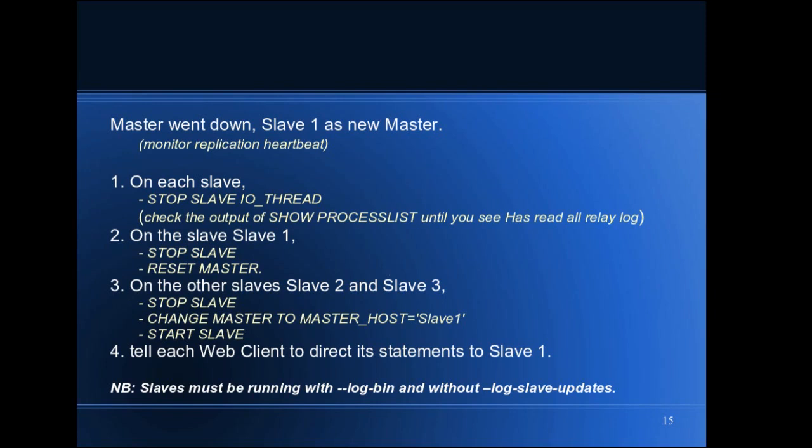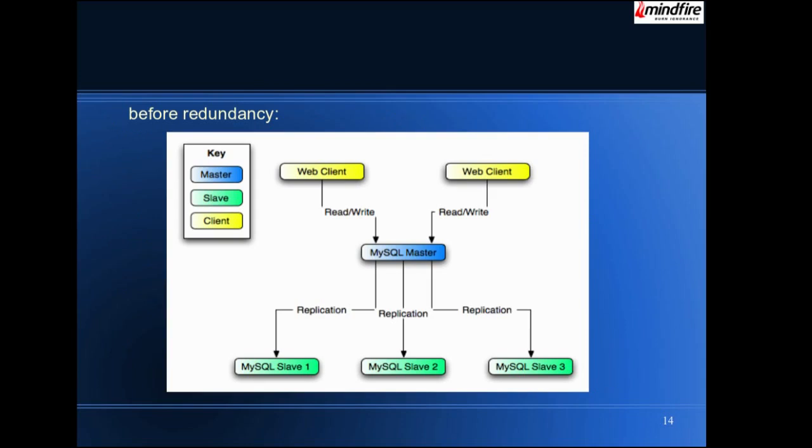If it keeps on coming to the slave, that means the master is alive. When it stops coming, the slave will come to know that something went wrong with the master, and the master went down. So we can carry out all these operations, promoting slave 1 to act as a new master.